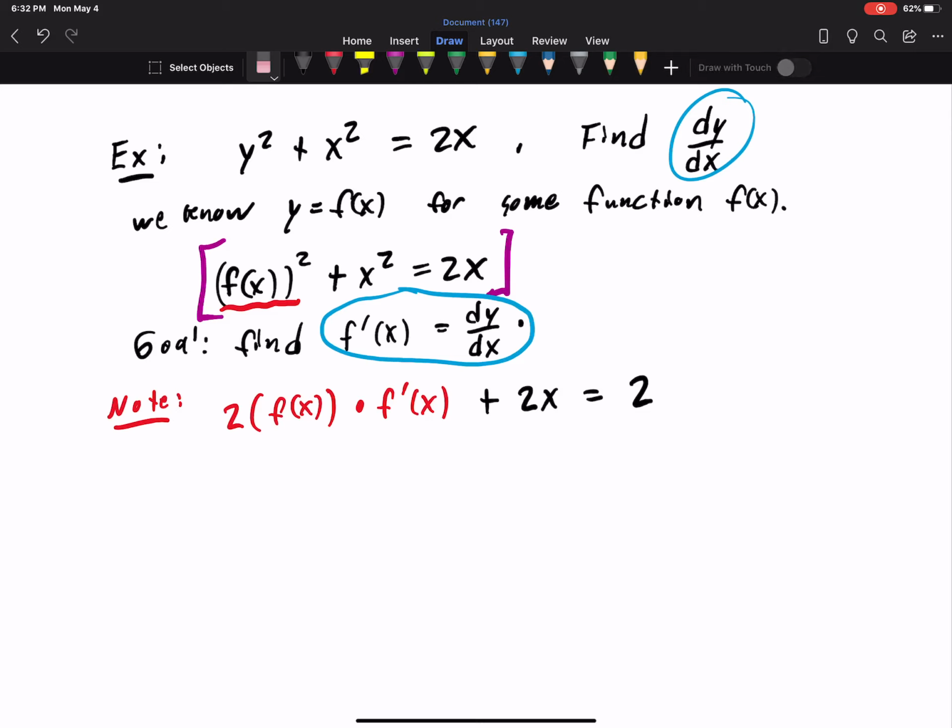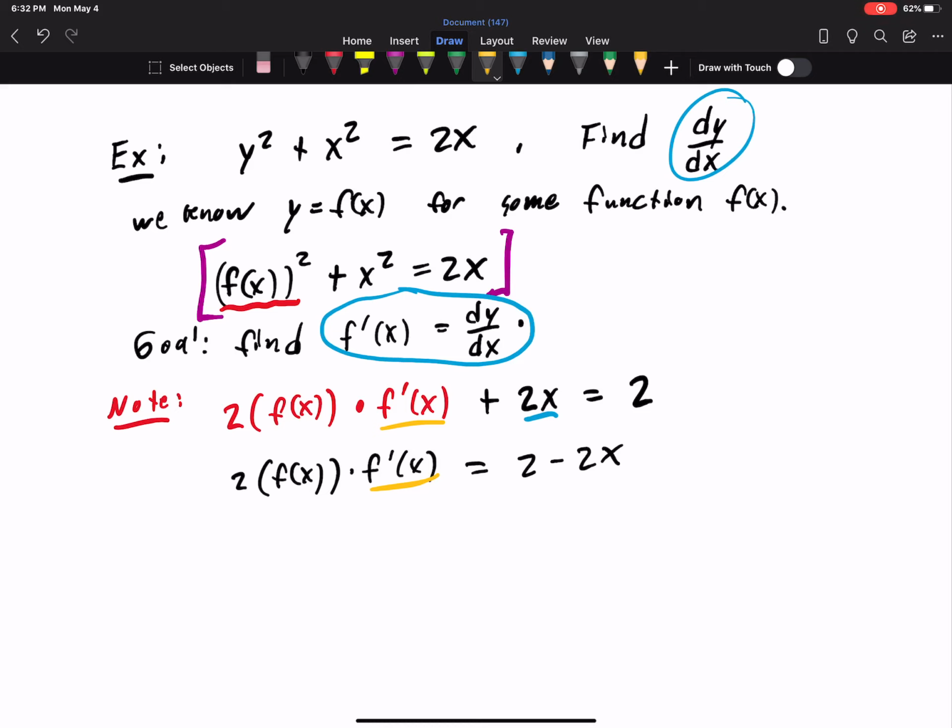That means we're going to subtract 2x from both sides. I'll do this one step at a time so it's 100% clear what we're doing. So I subtracted 2x from both sides. Again, the goal is to get this guy by itself.